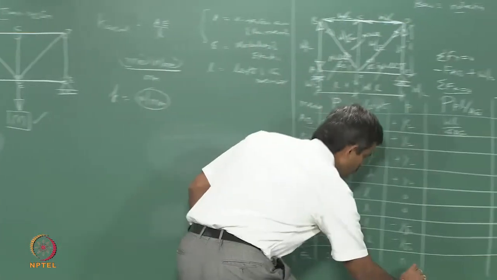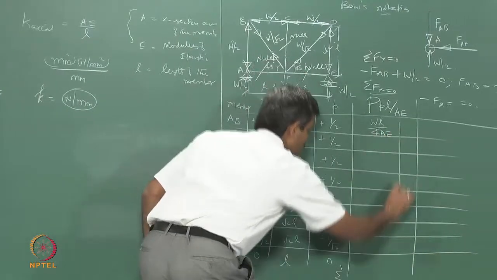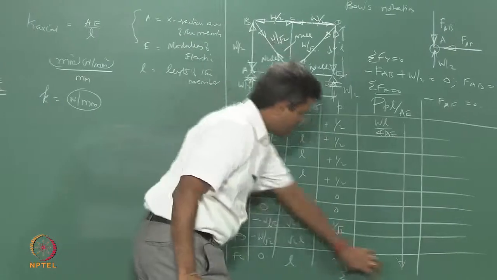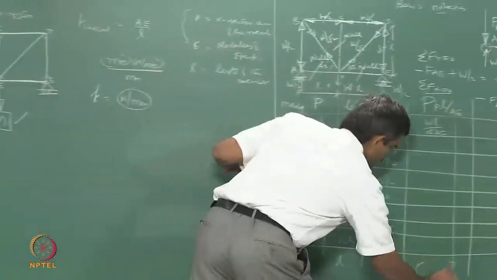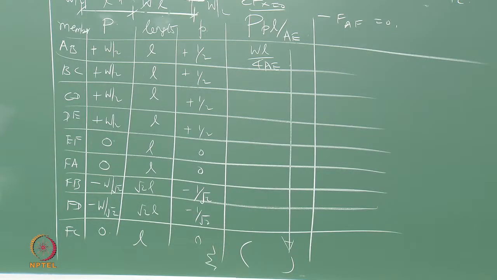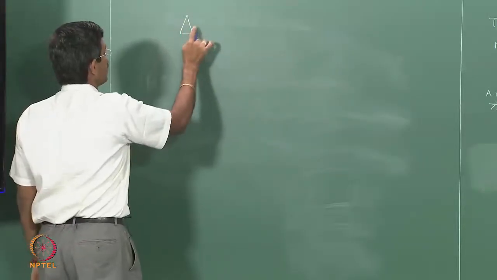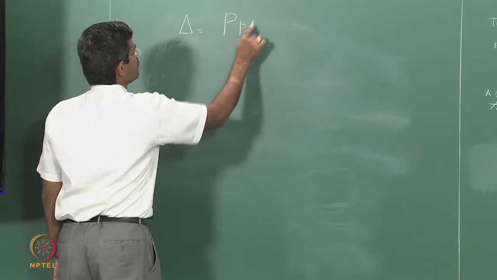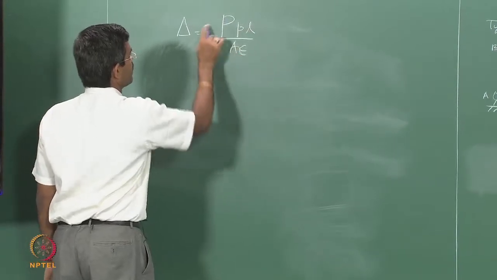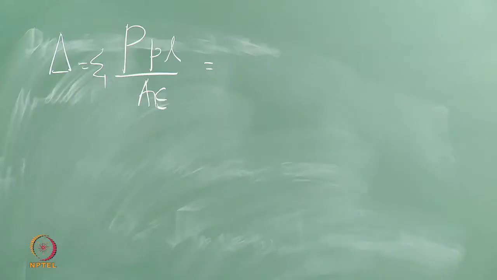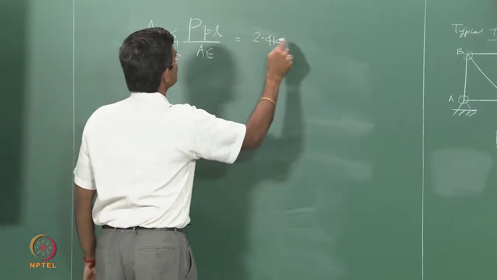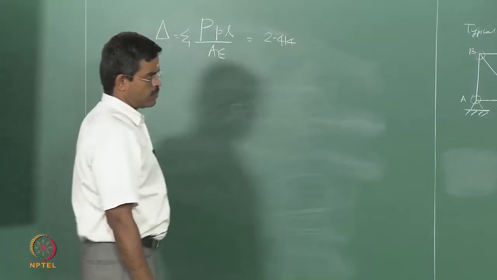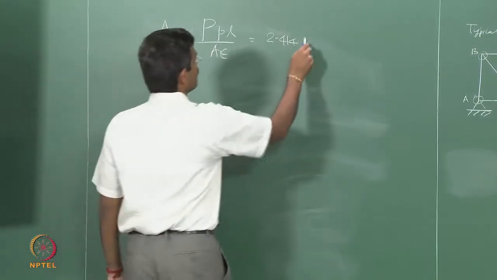Try to find the sum of this column. Sum them here. So, let us write this value here. So, delta is PL by A times the sum, 2.414 by A.